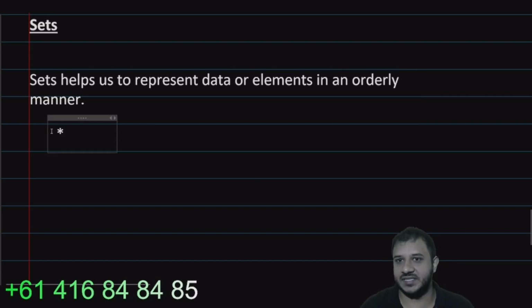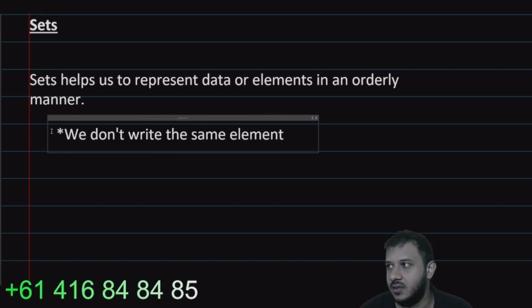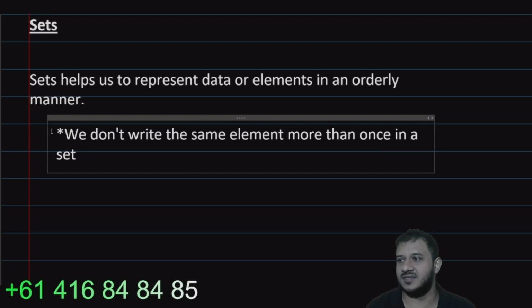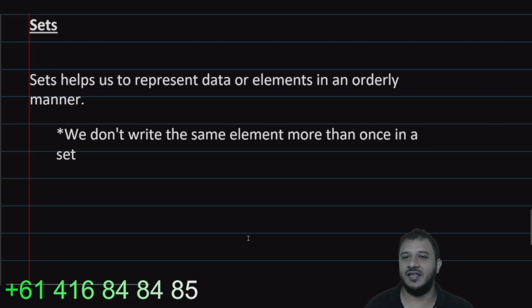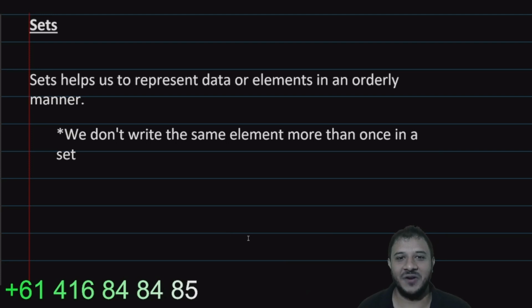There's one special thing about sets. We don't write the same element more than once in a set. That's something we don't do, because at the end of the day, in my classes there can be a student who is in two different classes, but when I talk about my students, will I ever say that person twice?